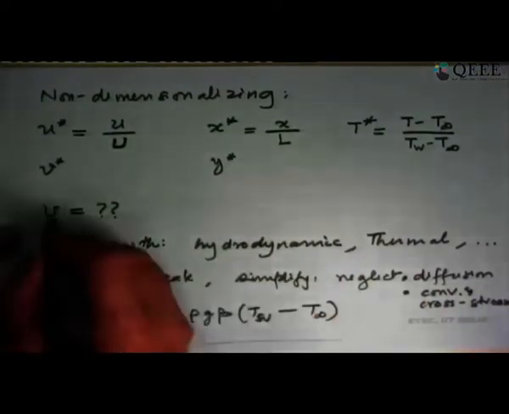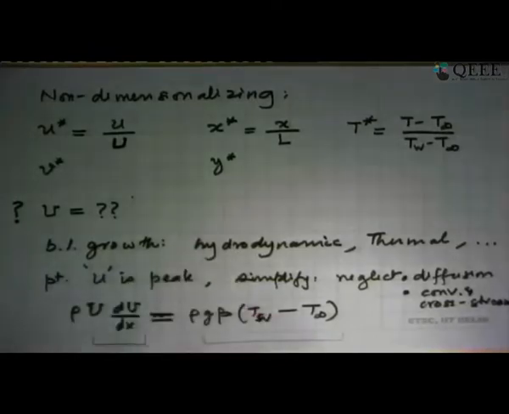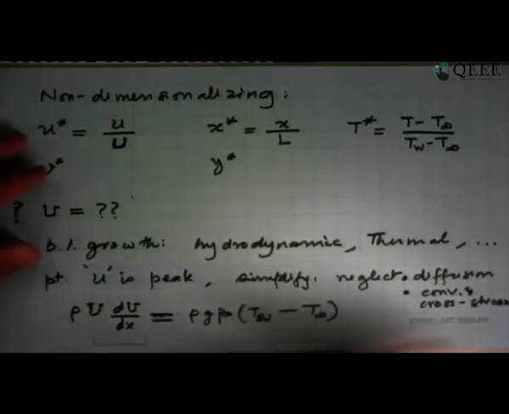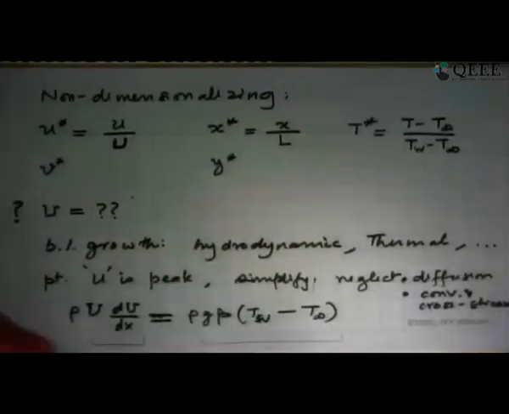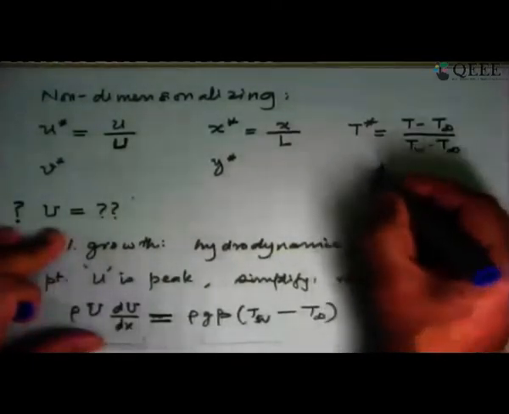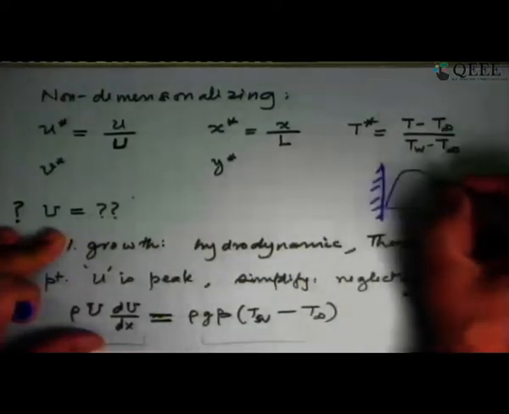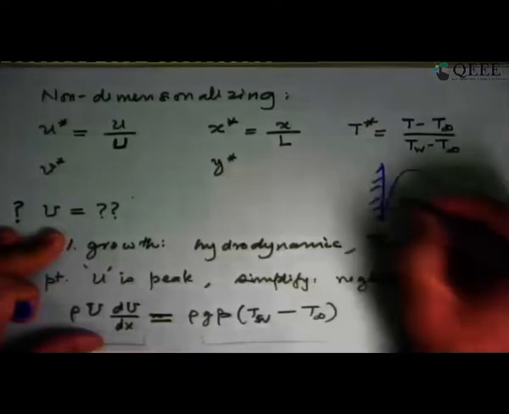So the question is, how do I get a characteristic velocity in this problem which is induced by the temperature? So we go back and see the boundary layer profiles that we had drawn. And we say that, well, a typical velocity profile would be that if this is the plate which is heated, normal to this, we have a velocity profile which is like this.